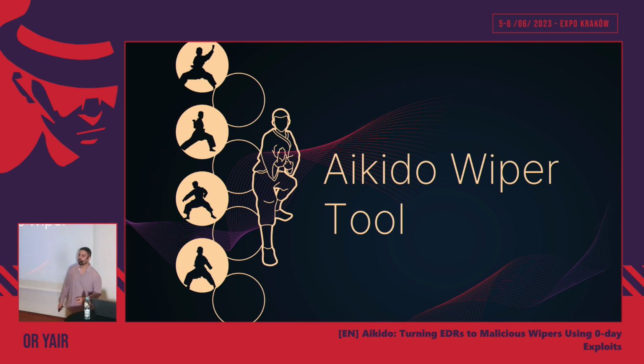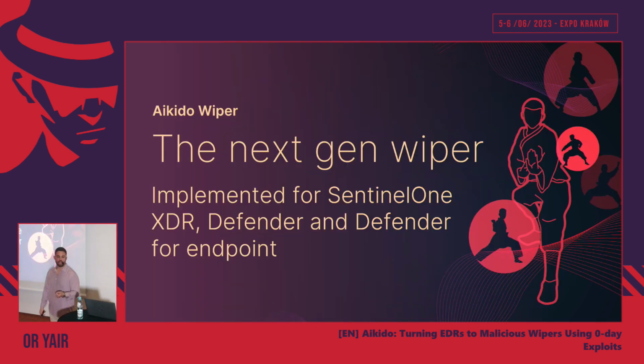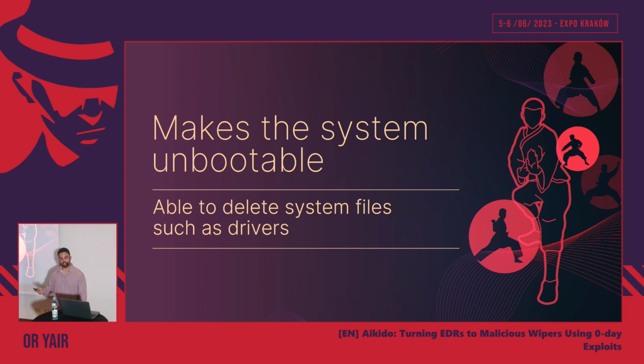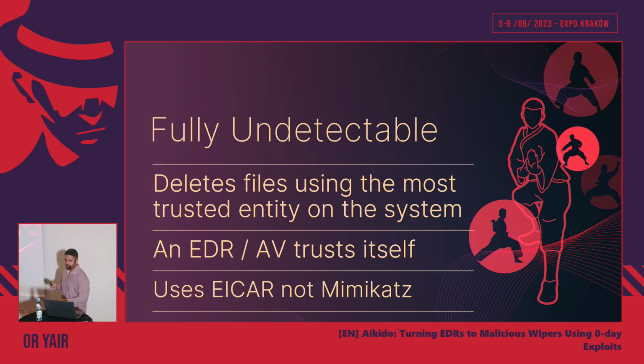Now to the Aikido wiper tool itself. So I implemented it with the vulnerabilities of SentinelOne XDR, Defender, and Defender for Endpoint, just because they were the most consistent and easiest to implement. The wiper is able to make the system unbootable, just like we saw in the first demo. It is fully undetectable because it deletes files using the most trusted entity on the system, in our case the AV or the EDR.